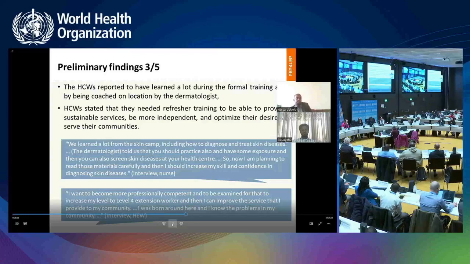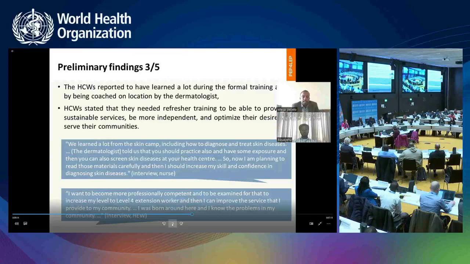Here is a quote from a nurse: the dermatologist told us that you should practice also and have some exposure, and then you can also screen skin disease at your local health facility.